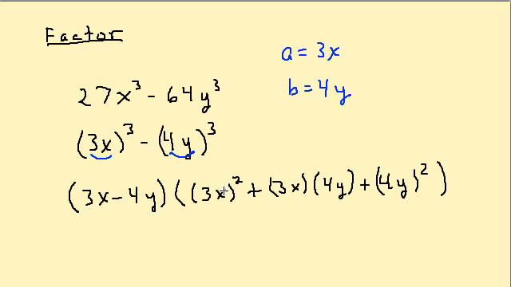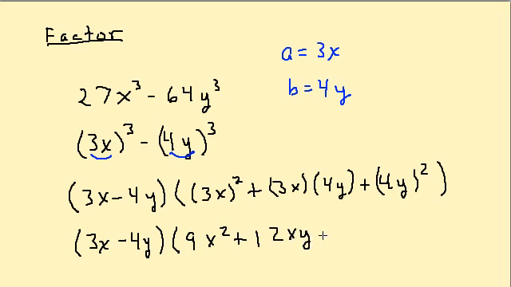And then I just square and multiply. Square the 3x, square the 4y, and multiply 3x and 4y. So that's 3x minus 4y times 9x squared plus, and then 3x times 4y is 12xy, plus 4y squared is 16y squared. And there's my final answer.